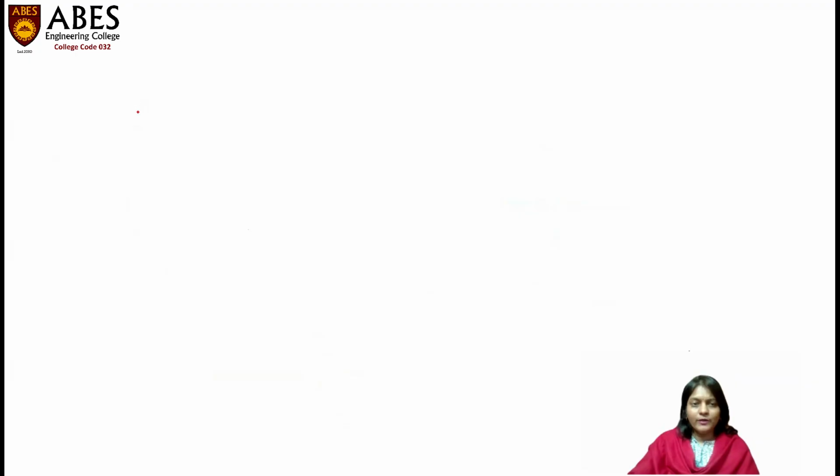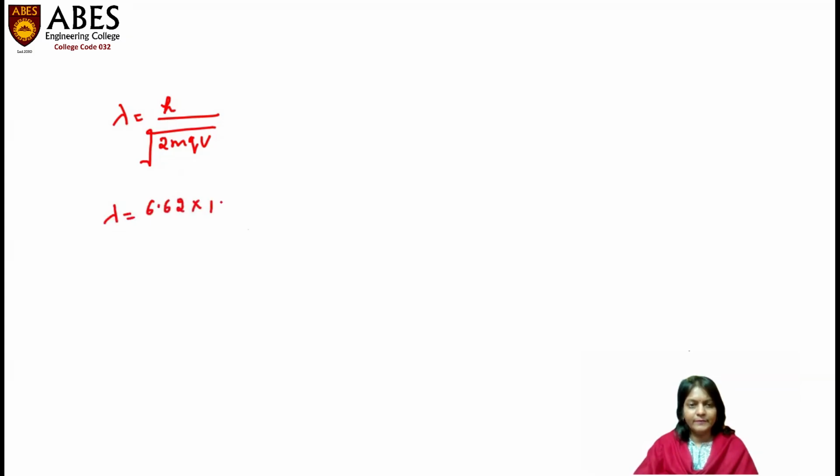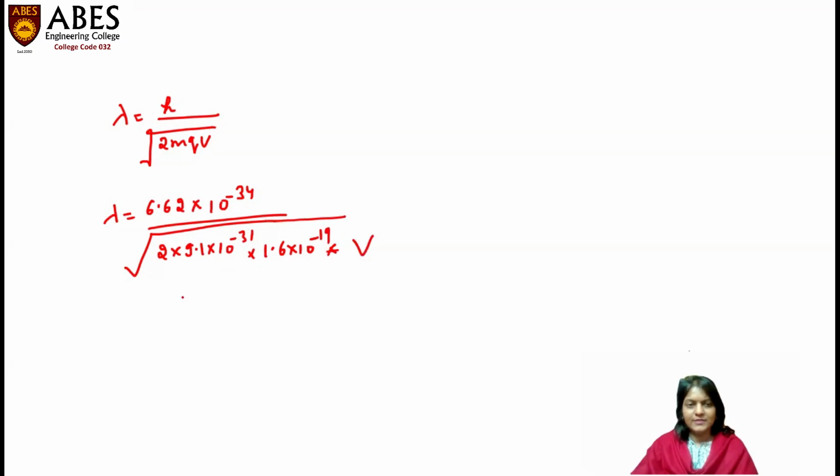Now by the de Broglie formula, which is applicable for the particle nature of the electron, lambda is equal to h upon root 2mqV. q is the charge of the electron and m is the mass of the electron. I already solved this in my previous lecture. h is 6.63 times 10 raised to the power minus 34, the mass is 9.1 times 10 raised to the power minus 31, the charge is 1.6 times 10 raised to the power minus 19, and V is the potential difference.